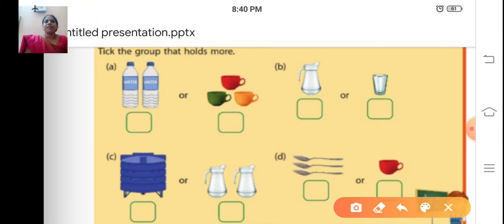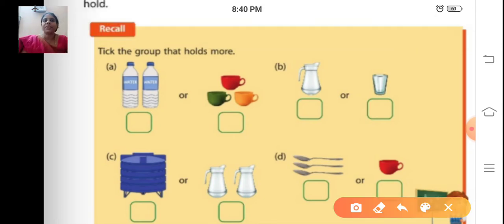The first one is water in bottles, and this one is in cups. Which group holds more? In which one can you have more water? Just think and tell me.